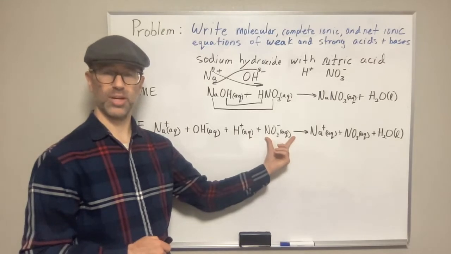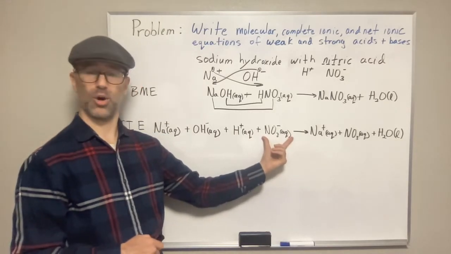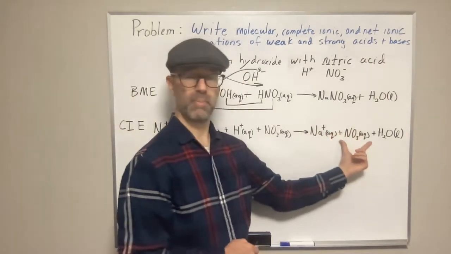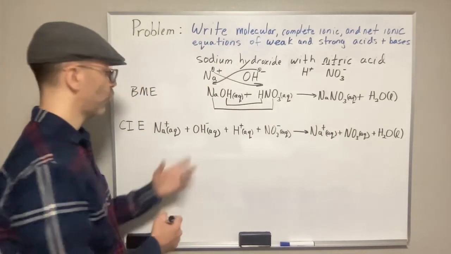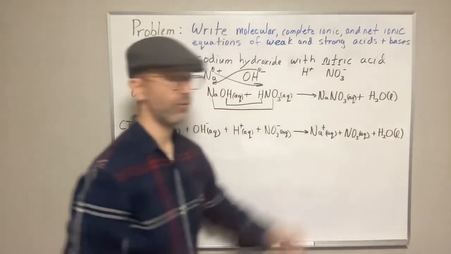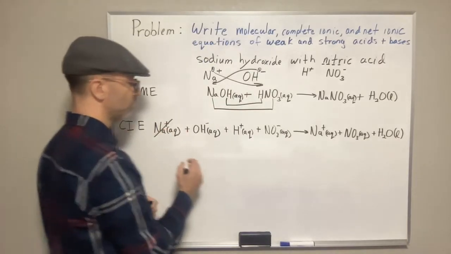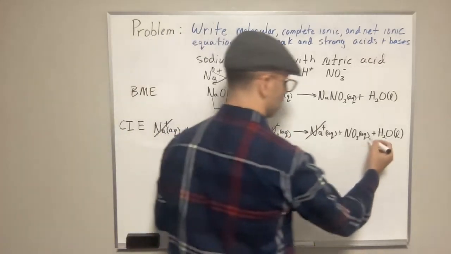The nitrate aqueous is also a spectator ion because we have NO3- in aqueous form here, and we have NO3- in the aqueous form here. So that would be a spectator ion. And you'll notice that they're not involved in the formation of water, so we can get rid of those. So our sodium goes away, and our nitrate goes away.